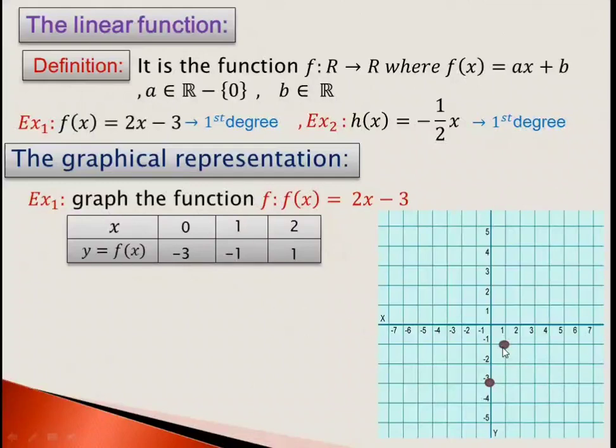Its first projection is 1 and second projection is -1. And the last ordered pair (2, 1), if we plot it, it's going to be here. Its first projection is 2 and second projection is 1. Now we can join these points by using a straight line to make a straight line, this is the function 2x minus 3.